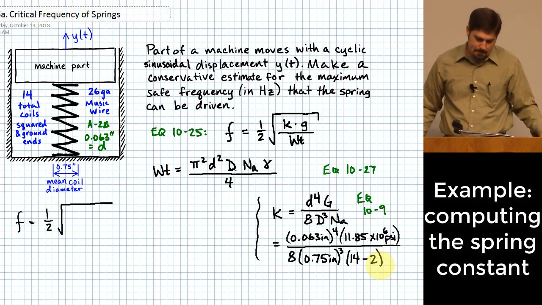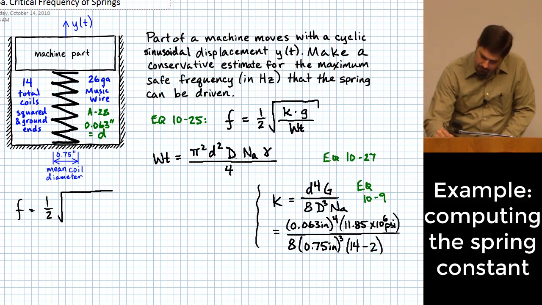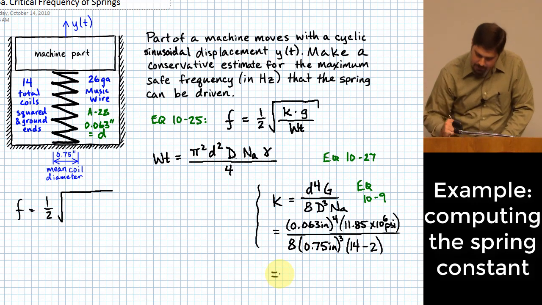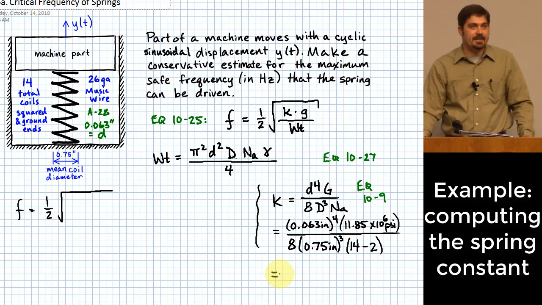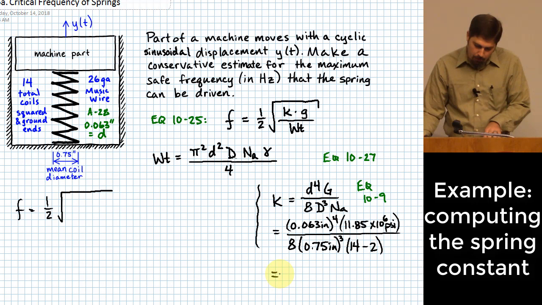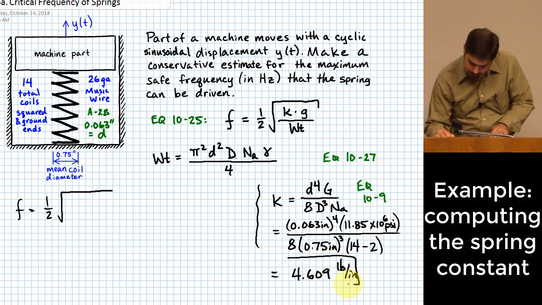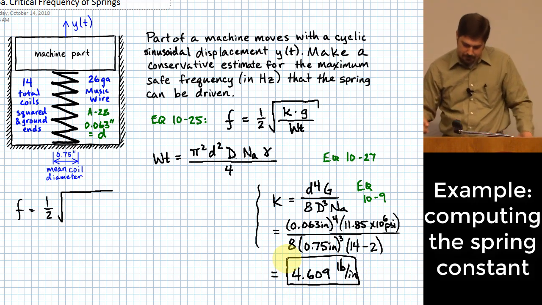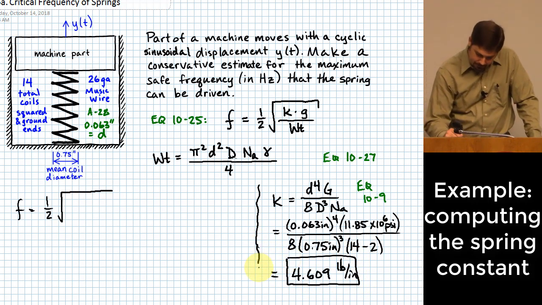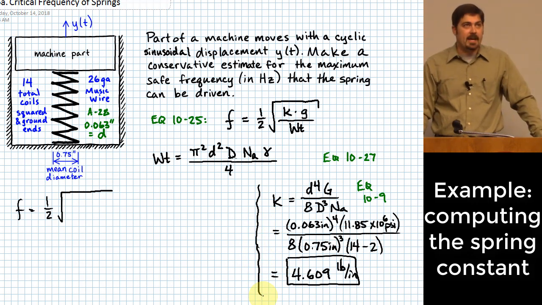All right. So when I punch in these values, which again I'll skip, I'm sure you guys have the ability to compute this, it ends up giving me 4.609 pounds per inch. Okay, and that's my k value.